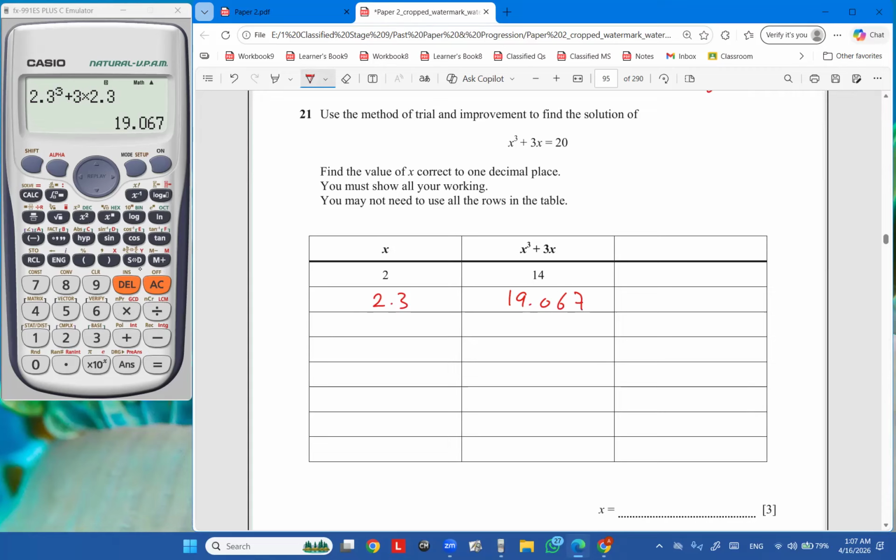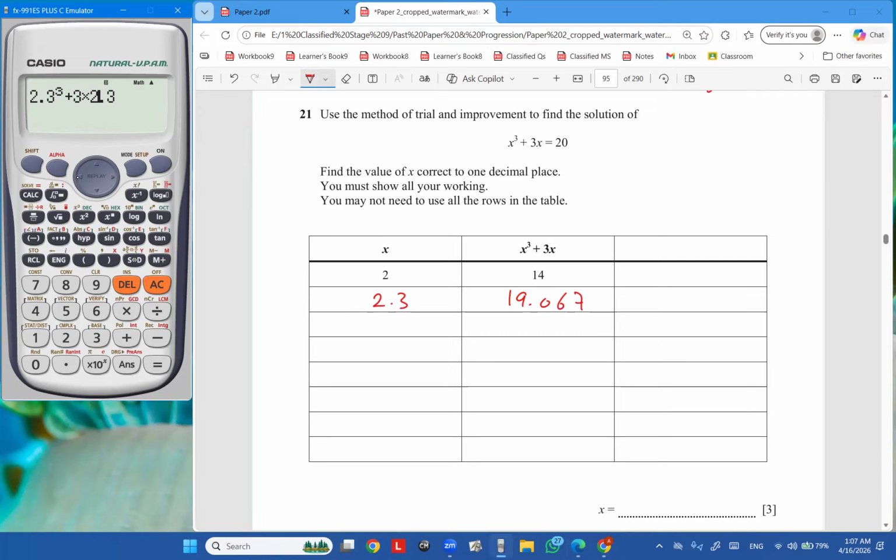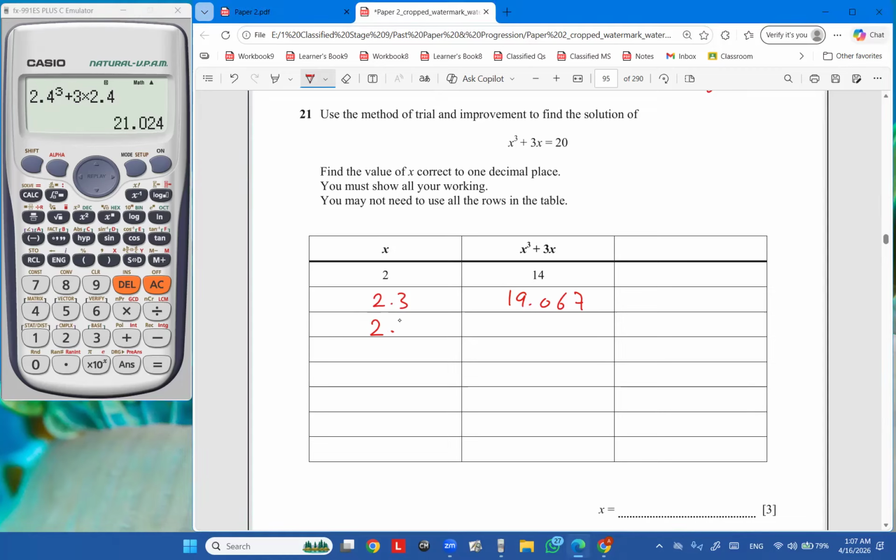I'm going to make it bigger because I need to reach 20, so I'm going to make it 2.4. 2.4 cubed plus 3 multiplied by 2.4. You're going to find that it is 21.024.